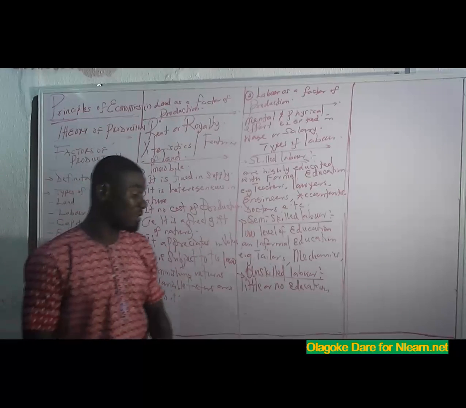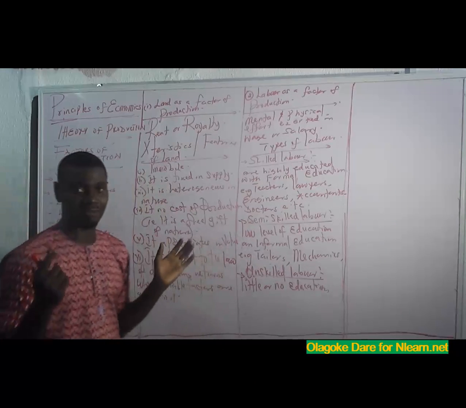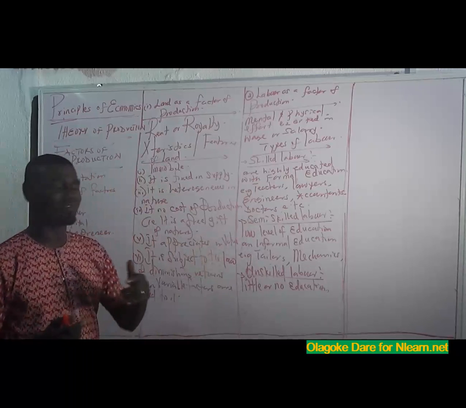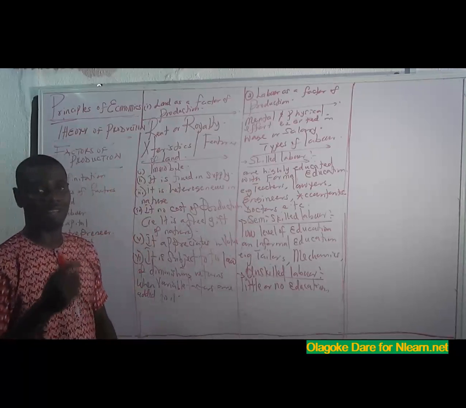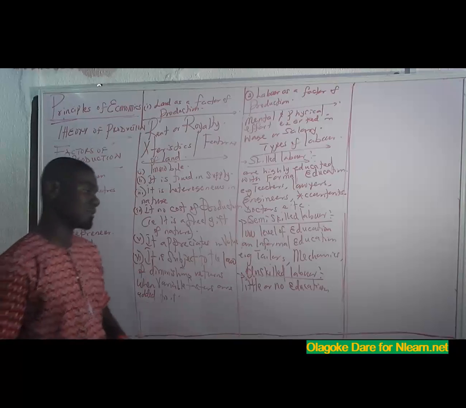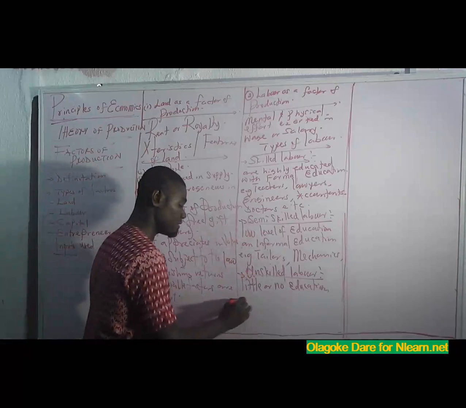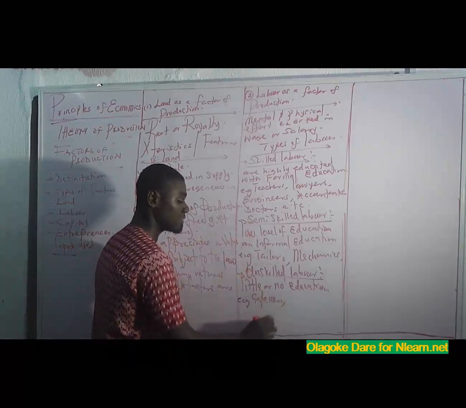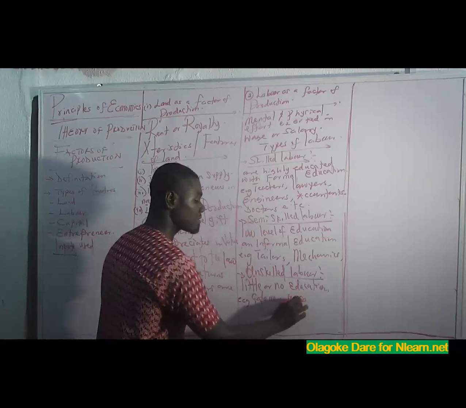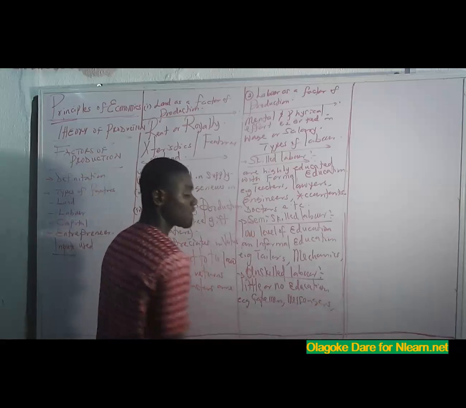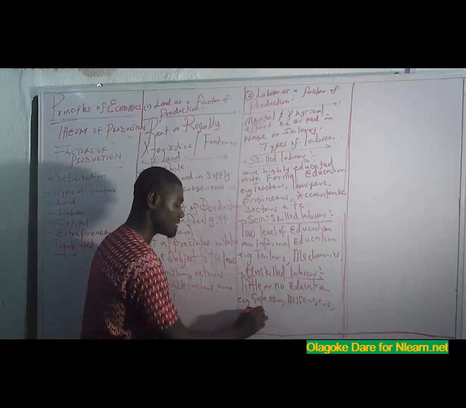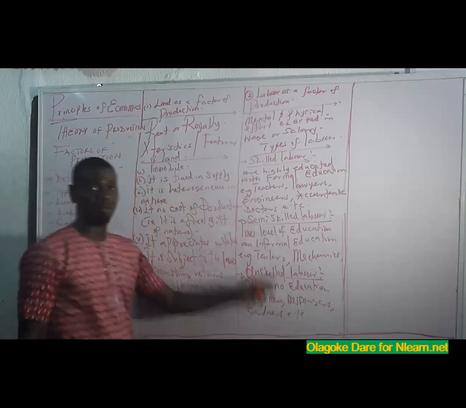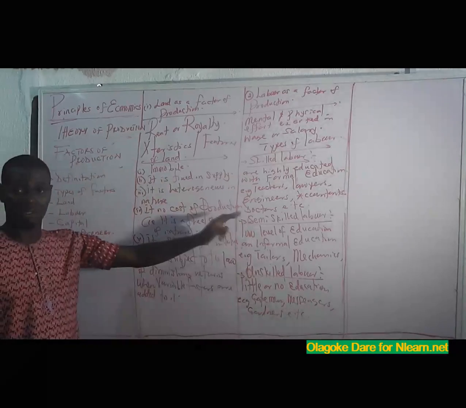Their little education may be on how to read and write. But they don't have a particular skill or a particular degree. In that case, they are said to be unskilled. Examples of these people are gatemen, messengers, gardeners, etc. So these are unskilled labor.